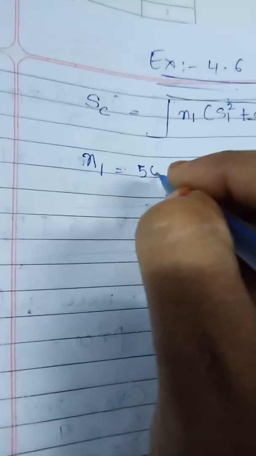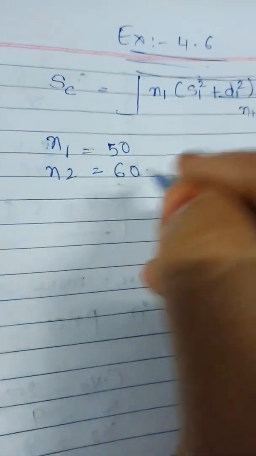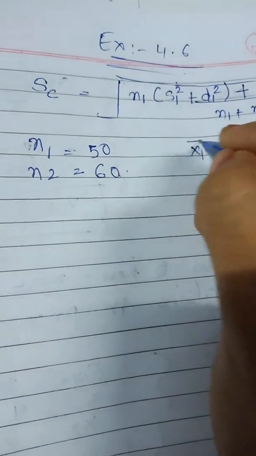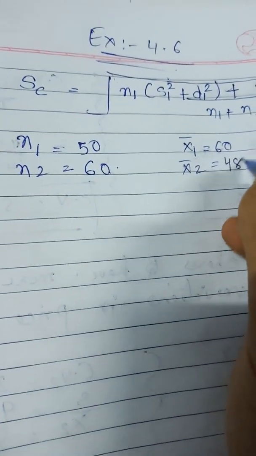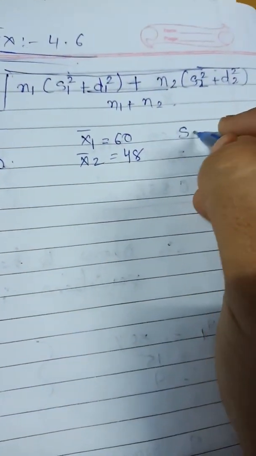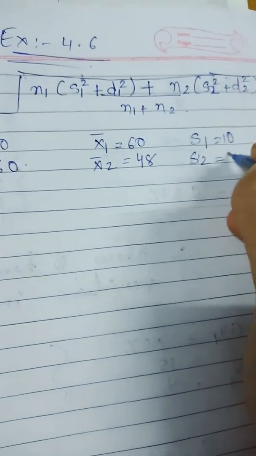Now what is given in the question? n1 is 50, n2 is 60. Mean 1 is 60, mean 2 is 48. s1 is 10, s2 is 12.